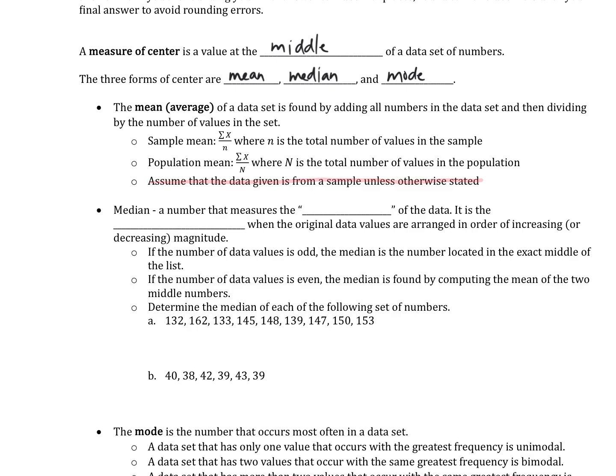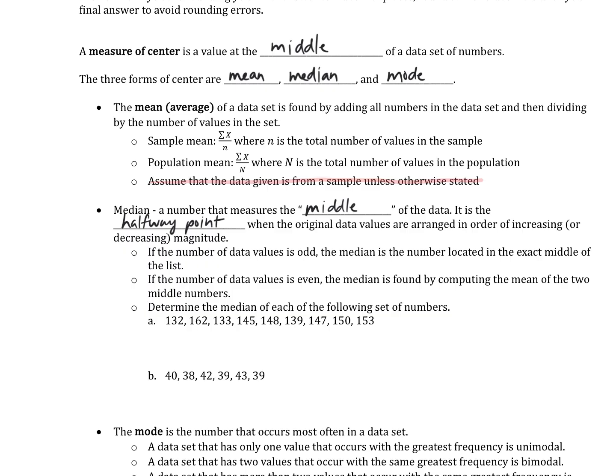The median is a number that measures the middle of the data. It is the halfway point when the original data values are arranged in order of increasing or decreasing magnitude.